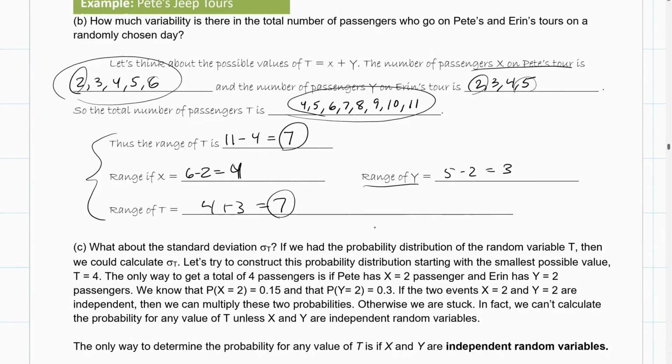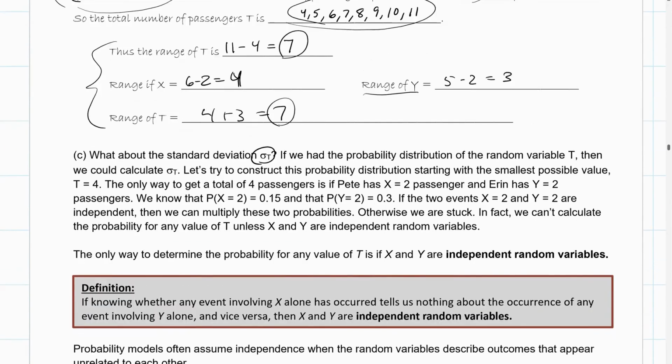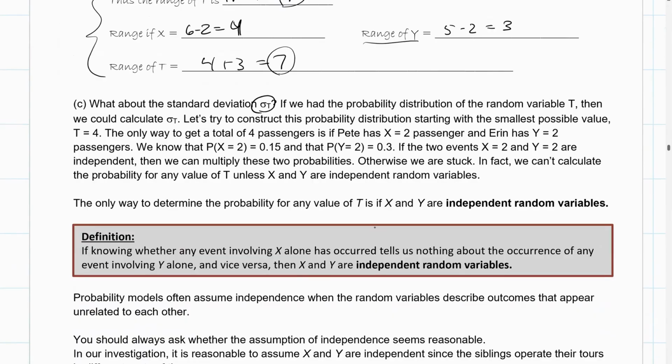Is there some other way of measuring spread? Well, yeah, how about the standard deviation? Remember, the standard deviation had a really crazy formula. The formula, by the way, that we're going to work towards is dependent on the variables being independent, meaning if I get told that Pete had a big day, he had 6 passengers, it'll have no effect on the probability that Aaron has either 2 or 5 passengers.